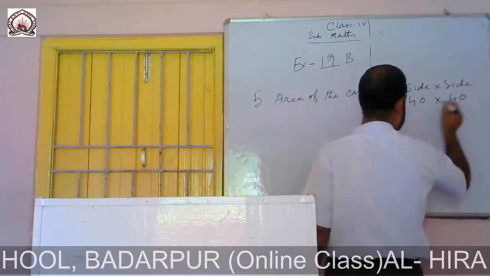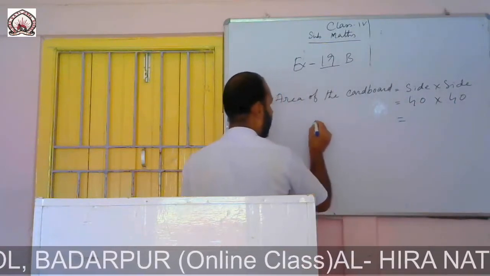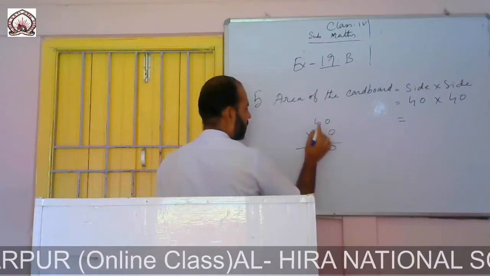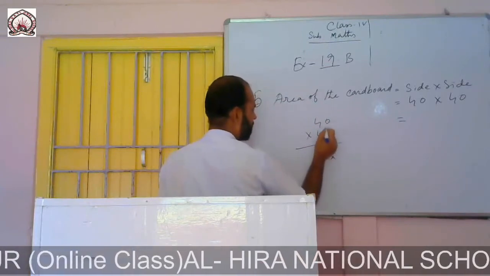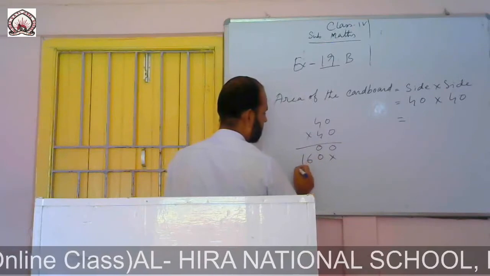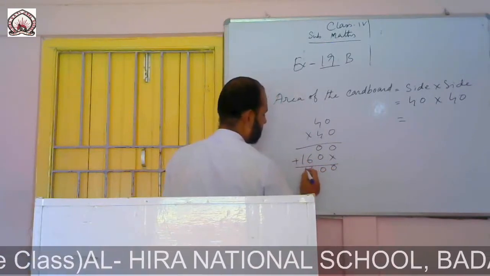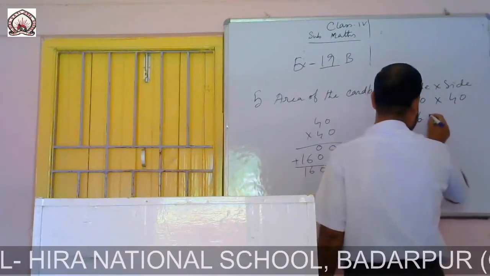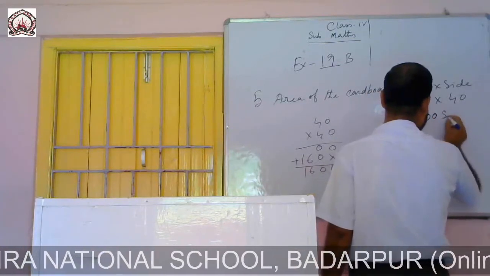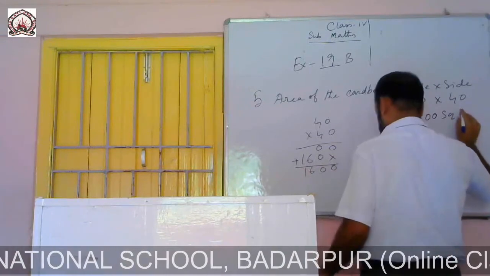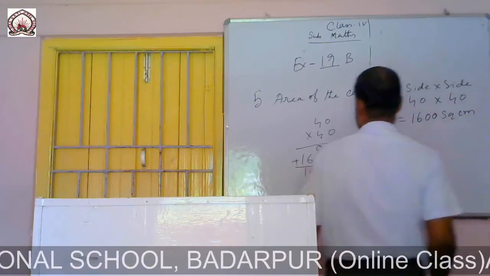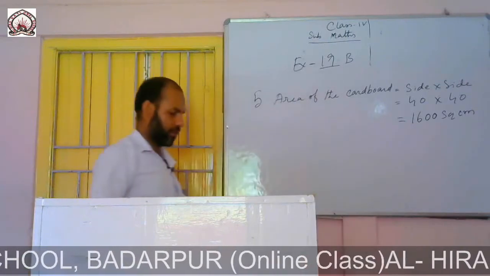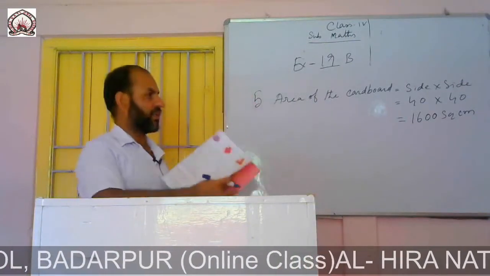40 into 40. So 40 into 40 equal to 0, 0, 4 0 0, again 4 0 is 0, 4 times 4 is 16, so 1600 square centimeter. Now we take out the area of the small square.